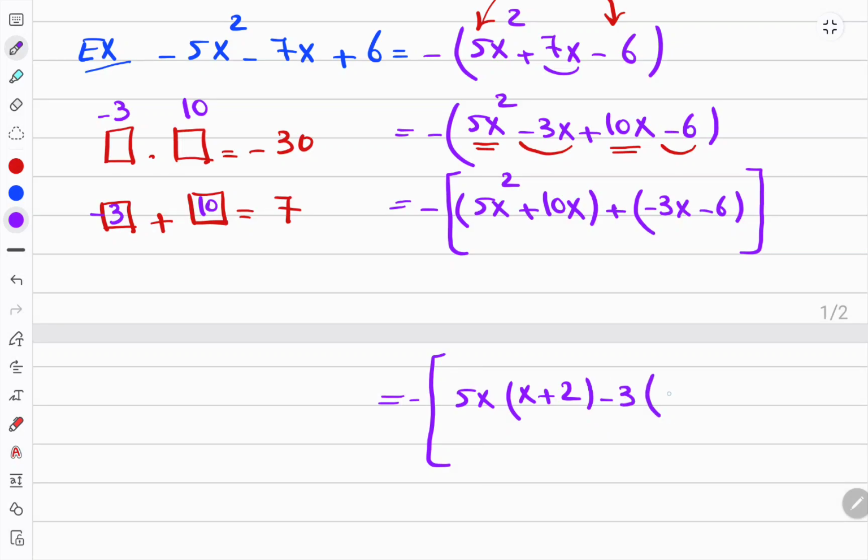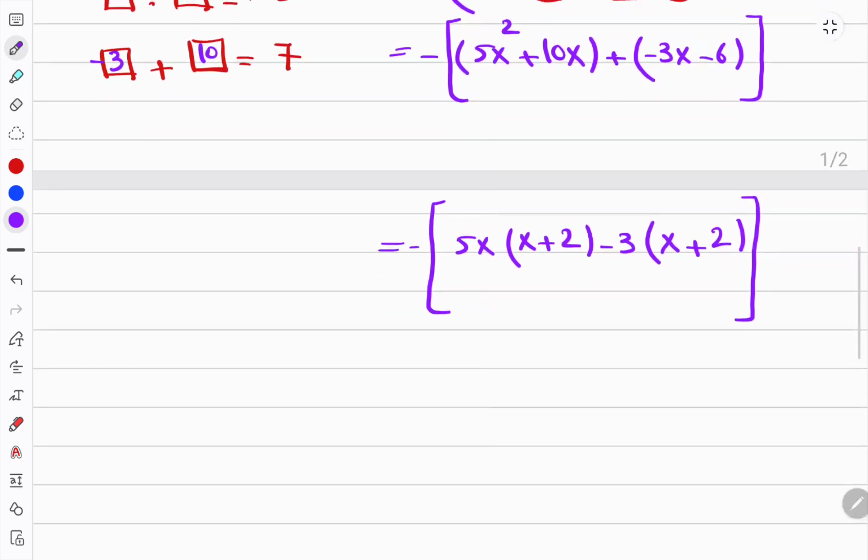So we are left with x plus 2. You can see that x plus 2 is a common factor. So I'm going to factor out x plus 2. Don't forget this negative sign. So the remaining part of the first expression is 5x, and the second expression is negative 3, and this is our final answer.